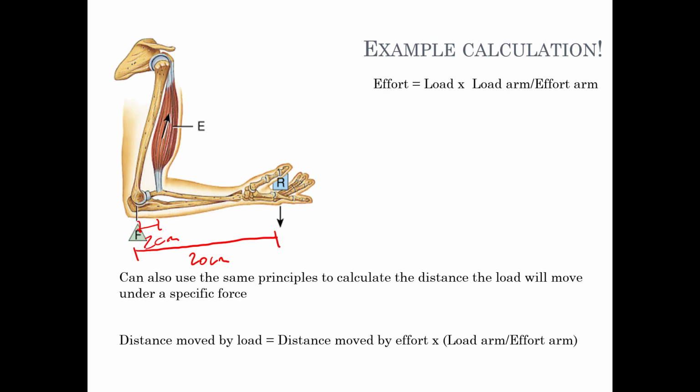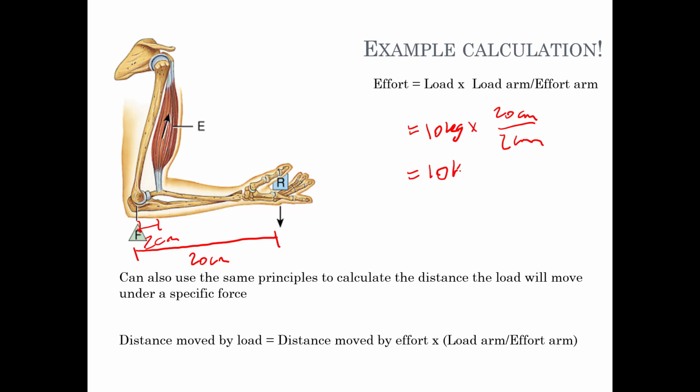Okay, so our effort is going to be whatever our load is, and we'll determine what the load is in just a minute, multiplied by 20 centimeters divided by 2 centimeters. Now our load, for example, we could just use the weight of the arm, but let's say that we're trying to actually move a 10 kilogram weight. Okay, so now we're just going to calculate this.